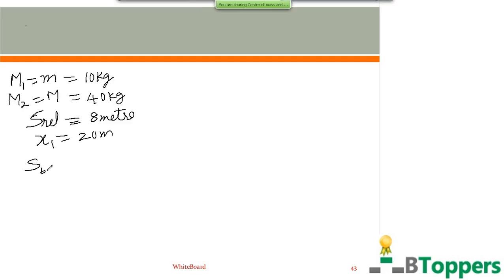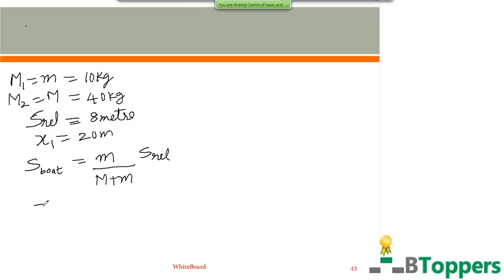the magnitude of the actual displacement of the boat, or distance moved by the boat in the opposite direction, away from the shore, is given by small m by capital M plus small m into the magnitude of the relative displacement of the boy with respect to the boat.